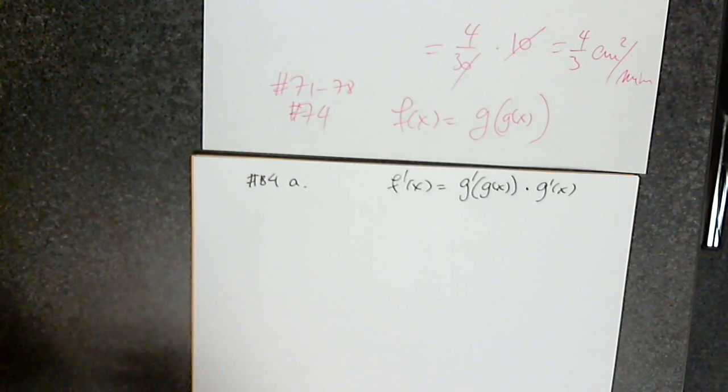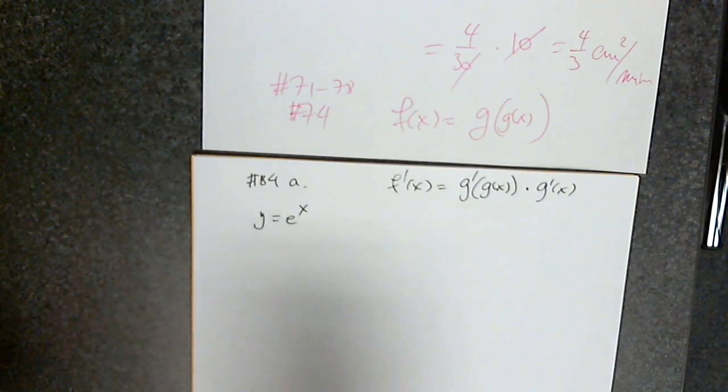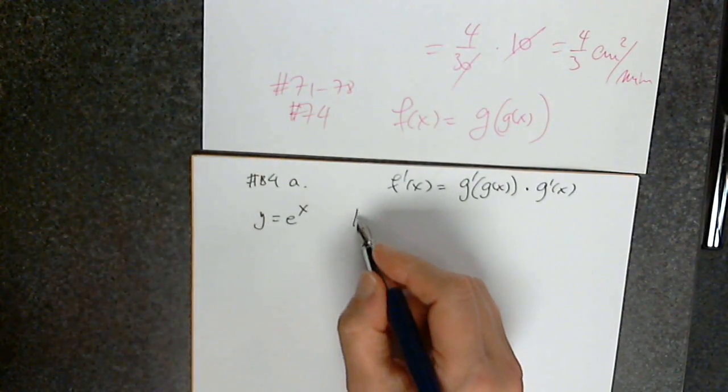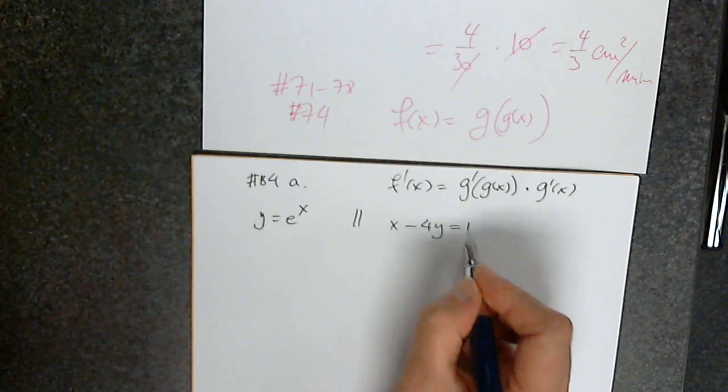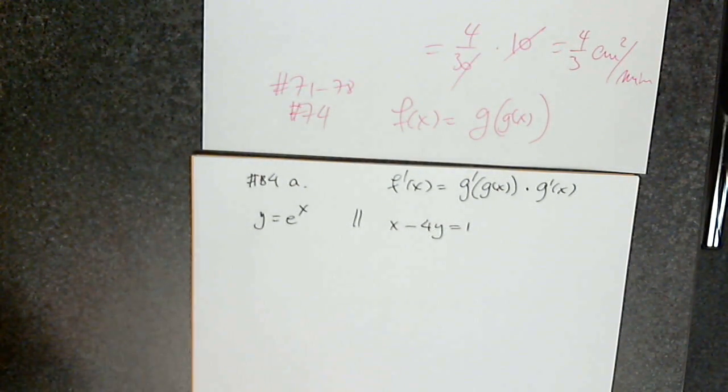Find the equation of the tangent line to the curve y equals e to the x that is parallel to the line x minus 4y equals 1. We said that one equation y equals, yes, would be the slope.